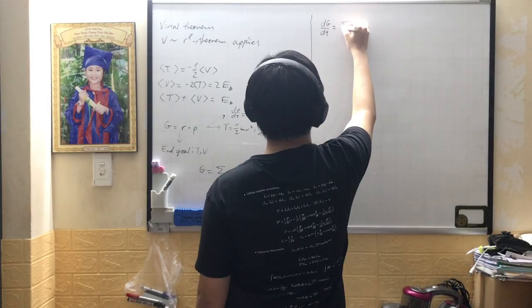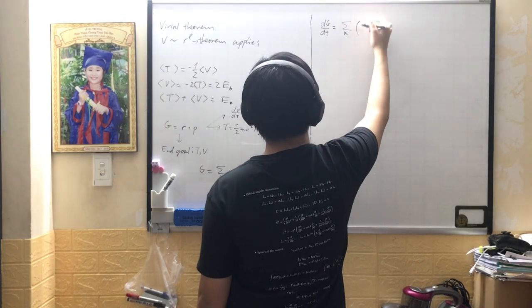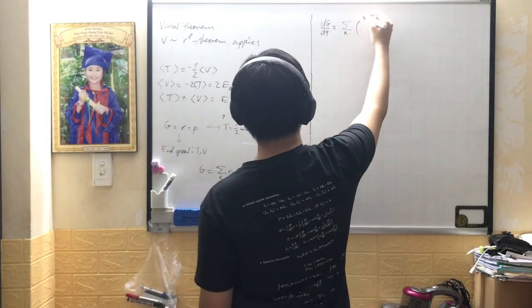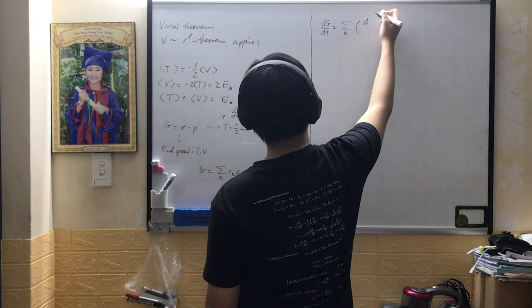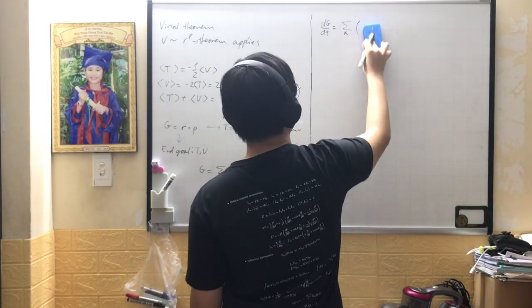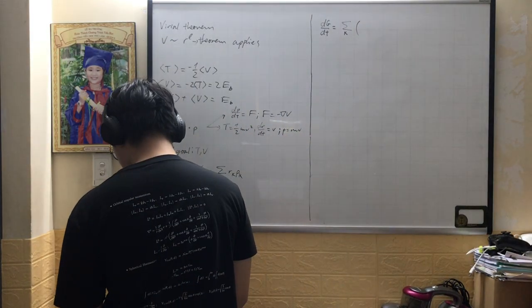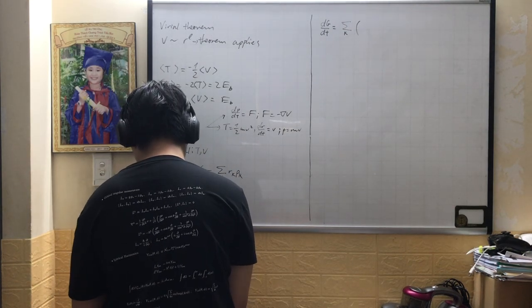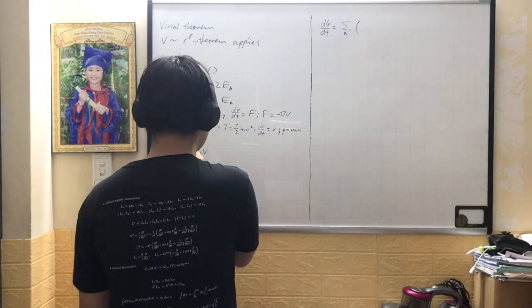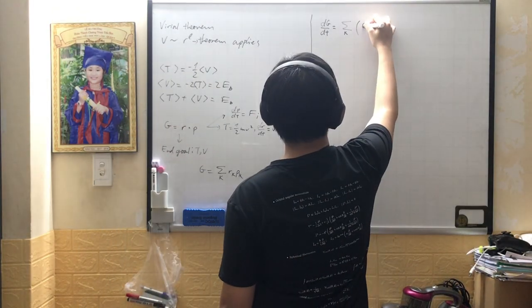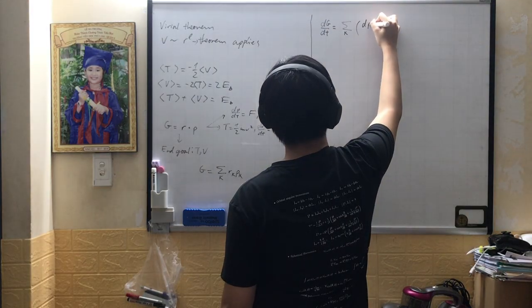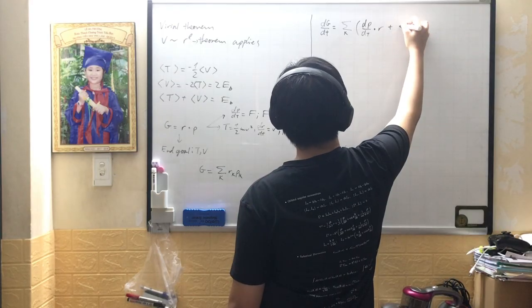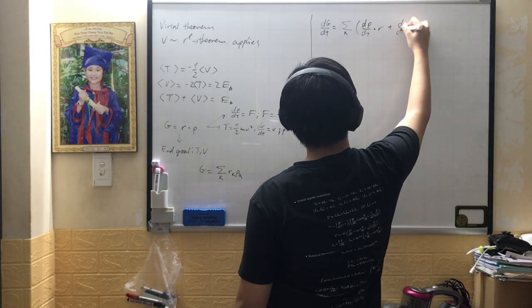So for the derivative, we put the sum outside, and we're gonna use the product rule. Take dp/dt first so that it looks a bit nicer, then dr/dt.